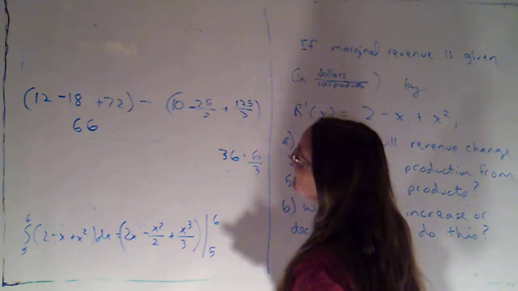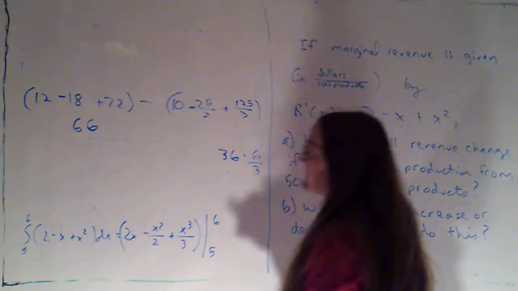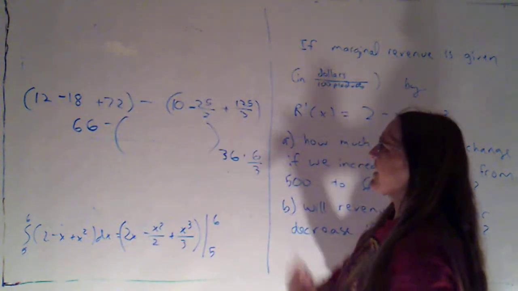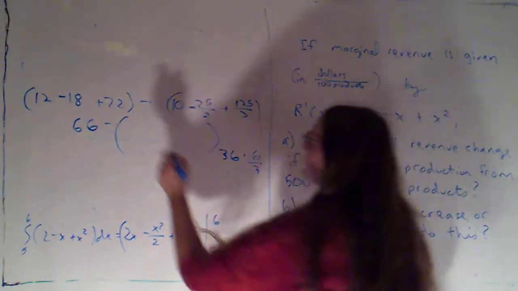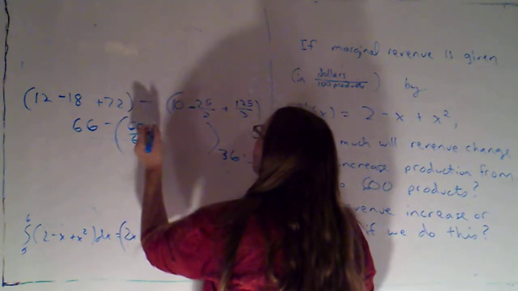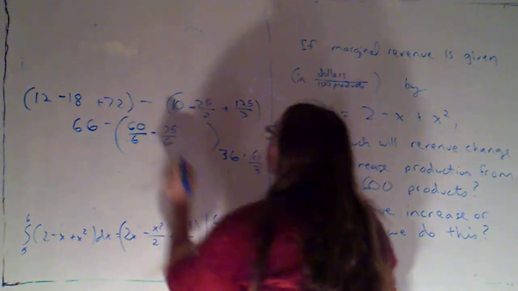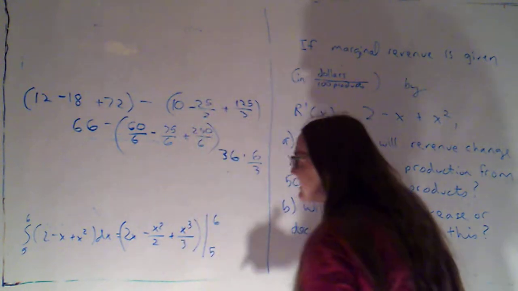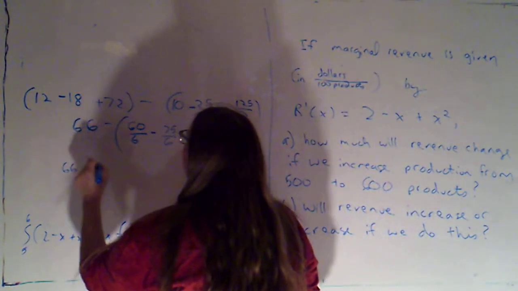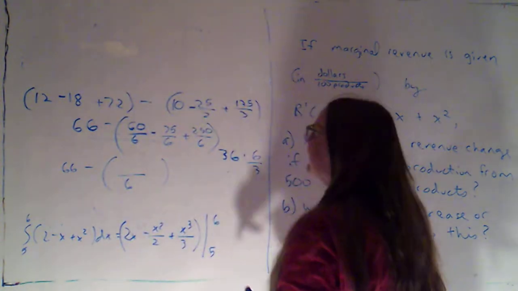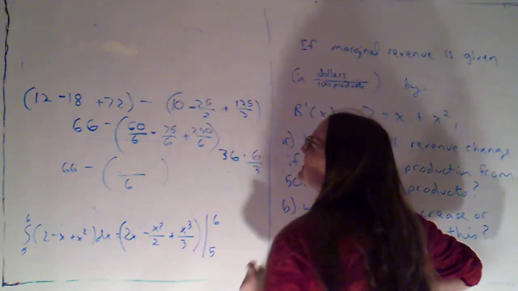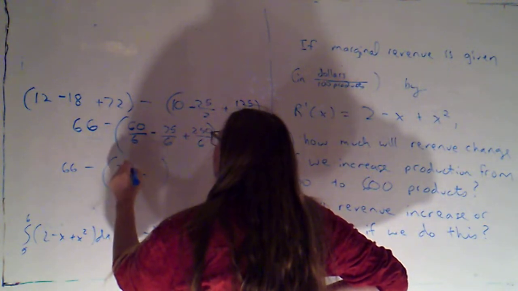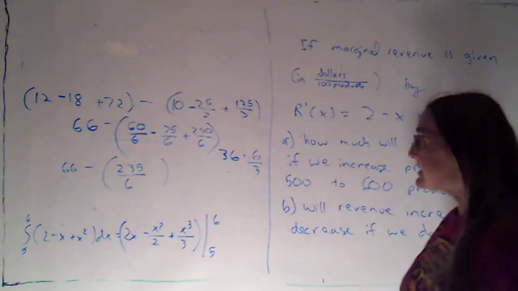Yes. Okay. Minus. Now here I probably want to go ahead and get a common denominator. Looks like we're going to want a 6. So this would be 66 minus 75 sixths plus 250 sixths. So that's 66 minus how many sixths? Okay, so negative 75 plus 250 is going to be 175, hmm, let me redo that: 10 minus 25 halves plus 125 thirds gives 60 minus 75 plus 250, so that's going to be 235 sixths.